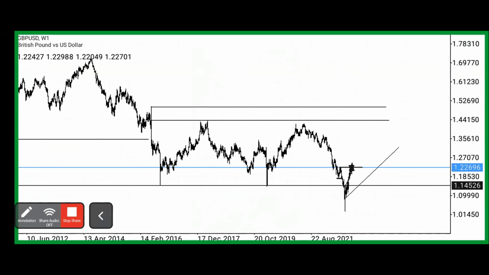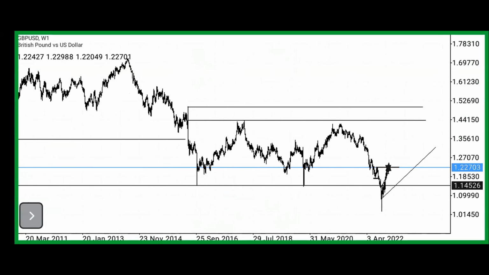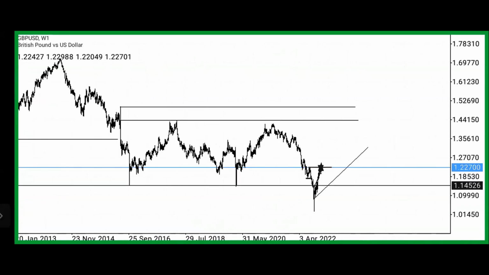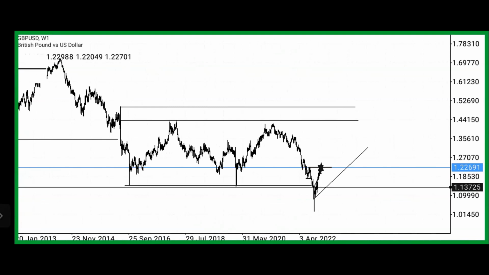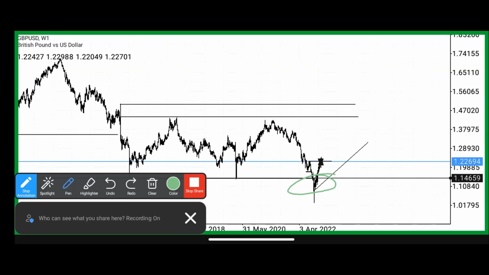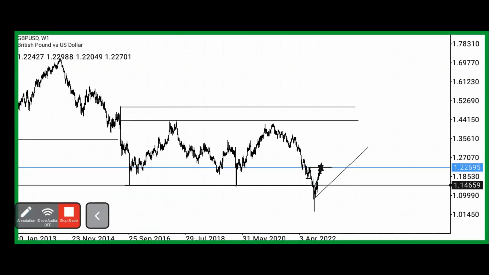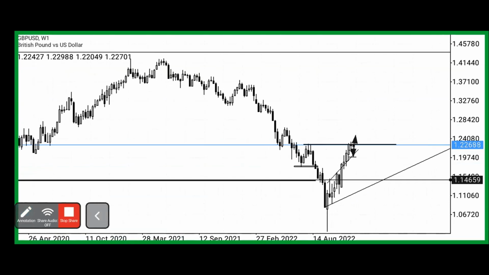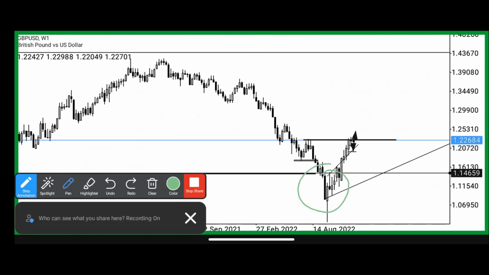Okay. So what I'm actually saying is that I don't want to call this a breaking structure yet, because from my experience about candles, I can't call this a breaking structure because price has not closed below this candle.